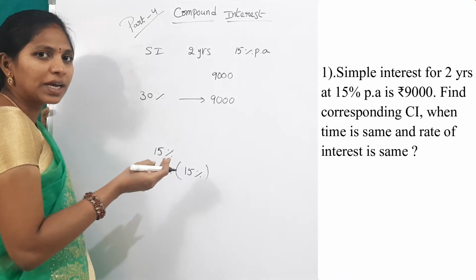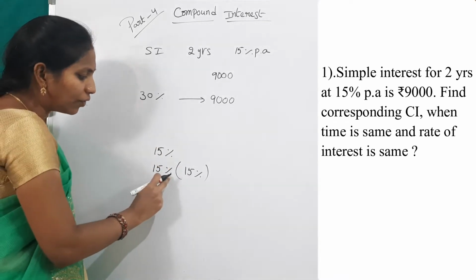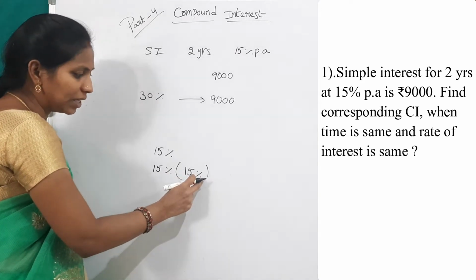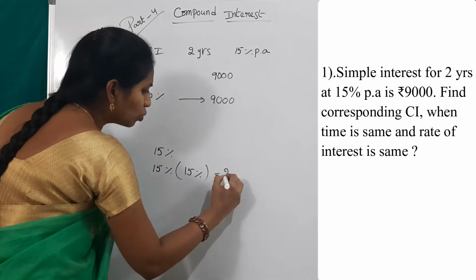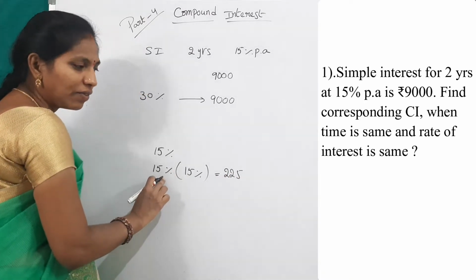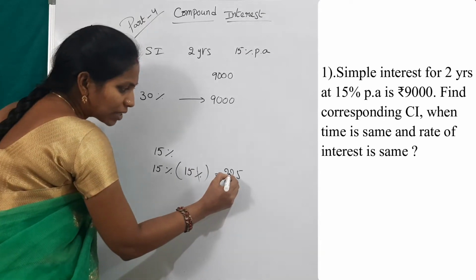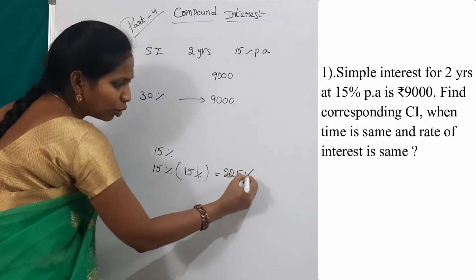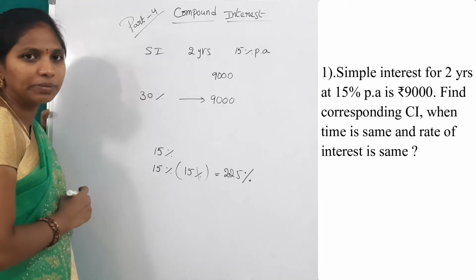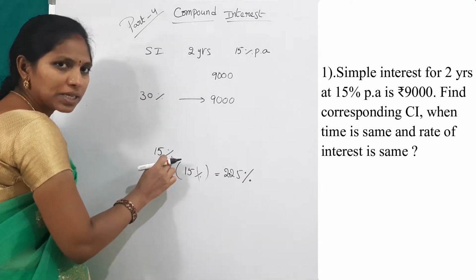Compound interest means interest calculated on interest. So second year 15% of 15% means what is this? 225 percentage again percentage. First of all I want to calculate 1% symbol. Then place dot here, then there is one more percentage, write that percentage here. Add this amount to this 15%.